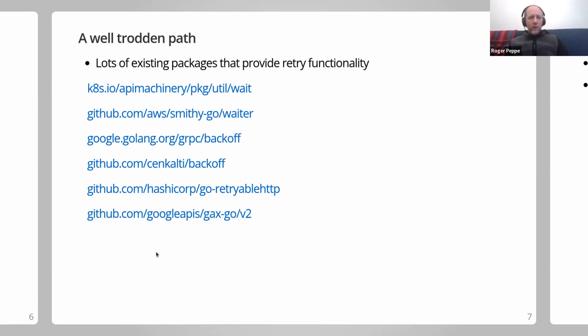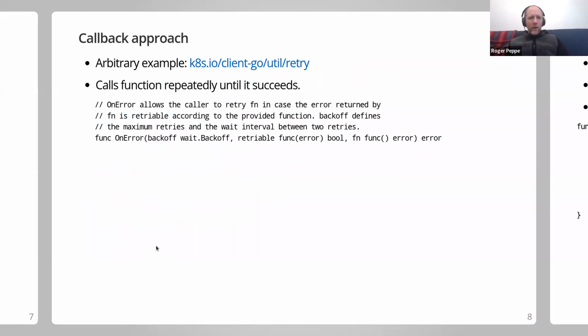So there are a couple of different approaches that seem to be common. I found lots of people doing this; it's the approach most people will think of when they want to write functionality which provides retry out of the box. You basically do a callback type approach. Here's one particular example in the Kubernetes client.